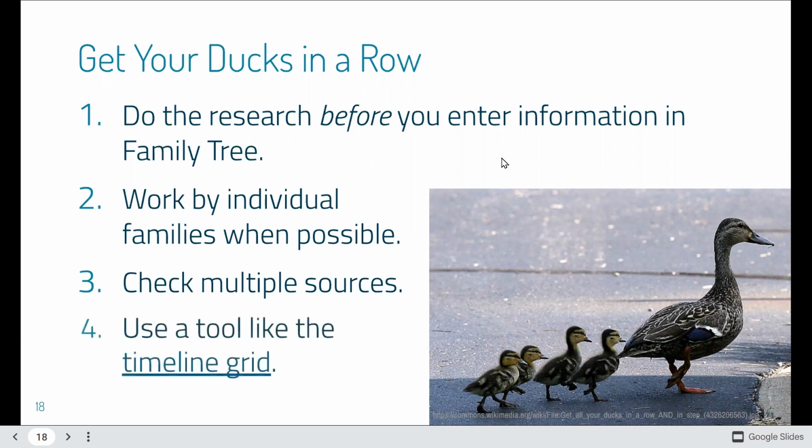And then finally, use a tool similar to the timeline grid. I'm not going to go into detail, but very briefly, it's a table, a grid where you can plug in information, and it helps you make sure that you have checked all the normal sources. It's used mostly in countries and time periods where you have censuses. So you're trying to get all the census information and all the birth, marriage, death information.